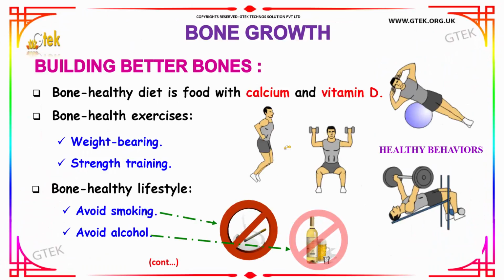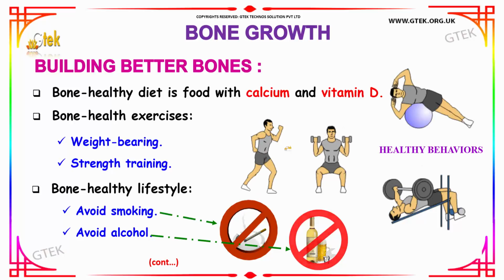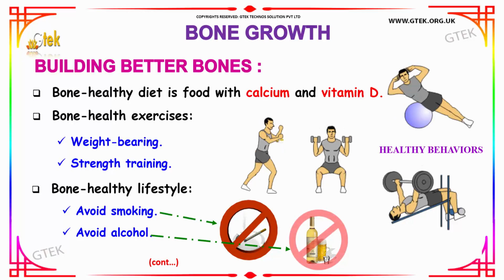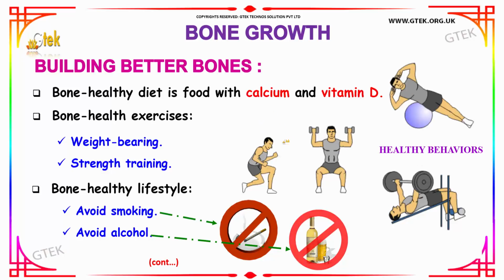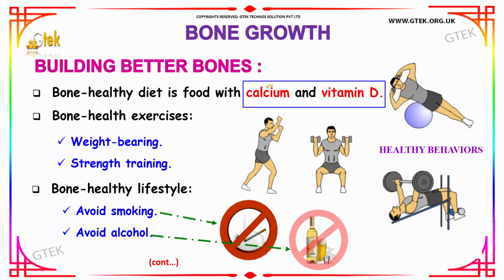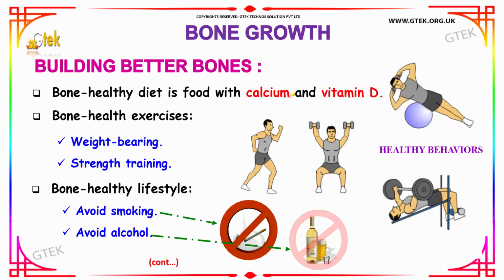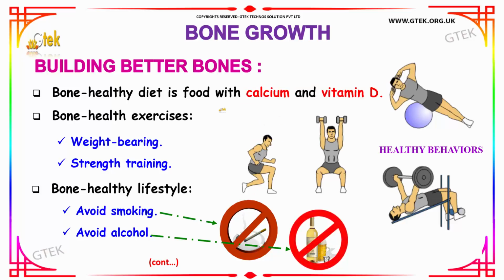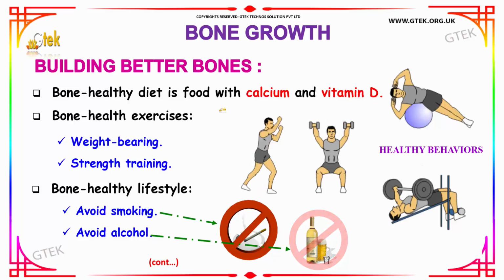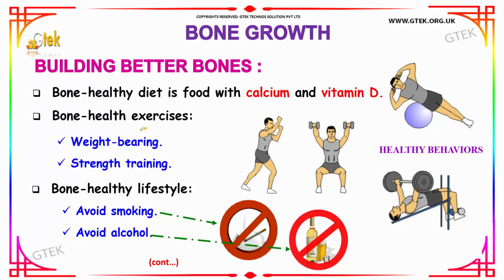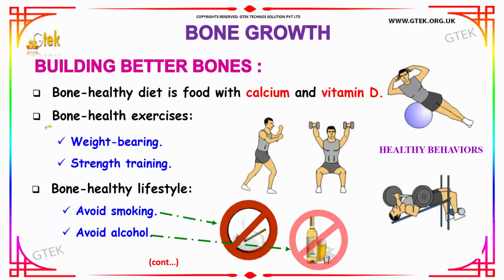We are going to see how to build better bones. To have a healthy bone, we should follow a diet which is filled with calcium and vitamin D. If you want to build better bones using exercises, then weight bearing and strength training are the exercises which you have to perform in order to have good bone health.